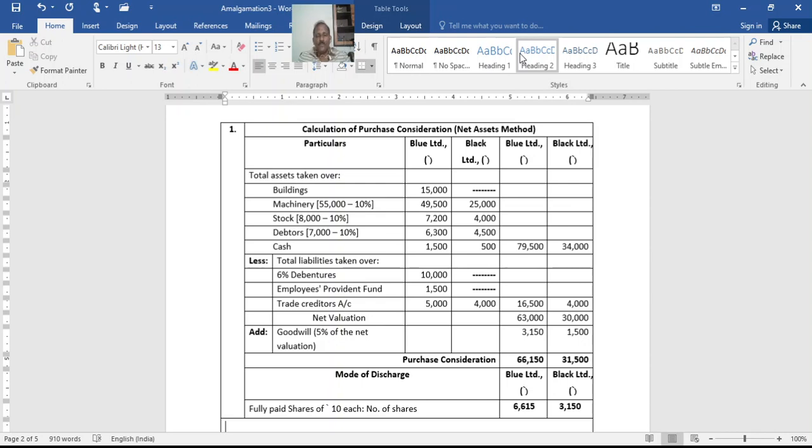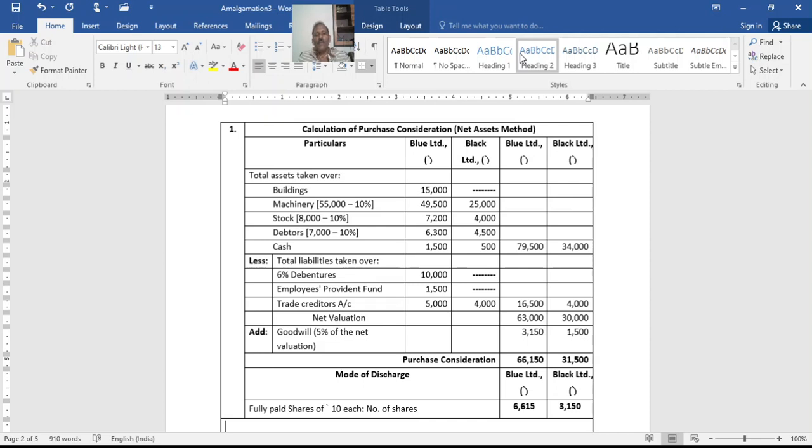When you look into the problem, you can take both separately, or you can have two columns like this, which is shown on the screen. Two columns, one for Blue Limited, another for Black Limited, an inner column as well as an outer column. And total assets, that is from the book value. If any other value is given, you have to follow that.